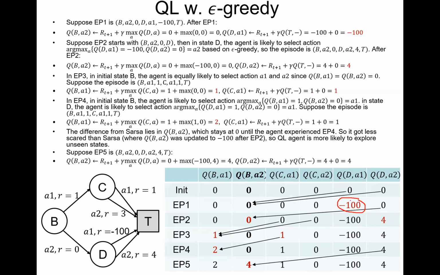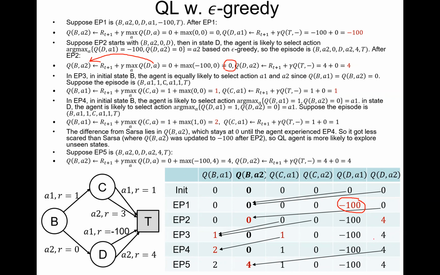Notice now this -100 does not propagate to QBA2. QBA2 is bootstrapped off the max over A, which is 0. So it pretty much ignores that bad outcome from D.